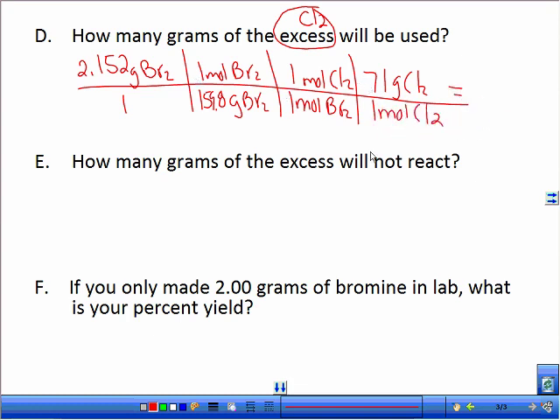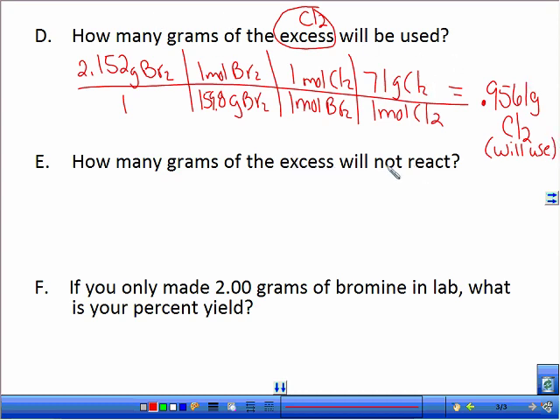Okay, so we're going to multiply and divide. We come out with 0.9561 grams of chlorine. This is how much we're going to use, which is the answer to this question.